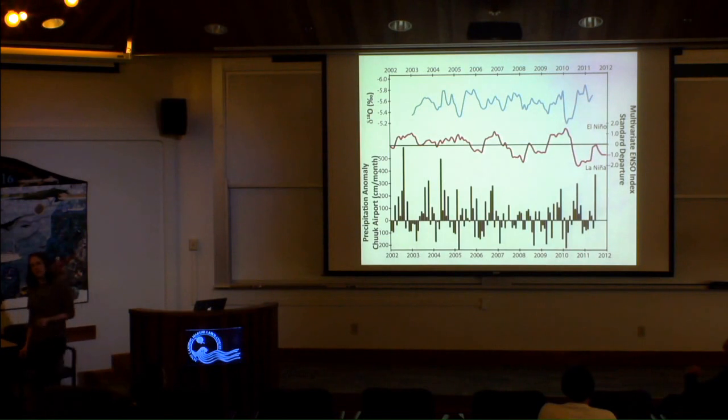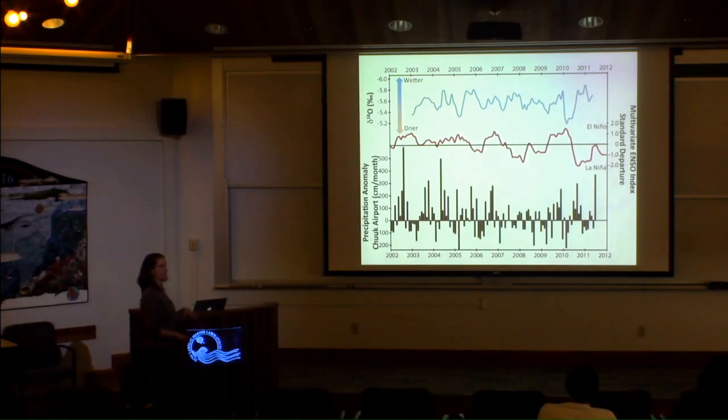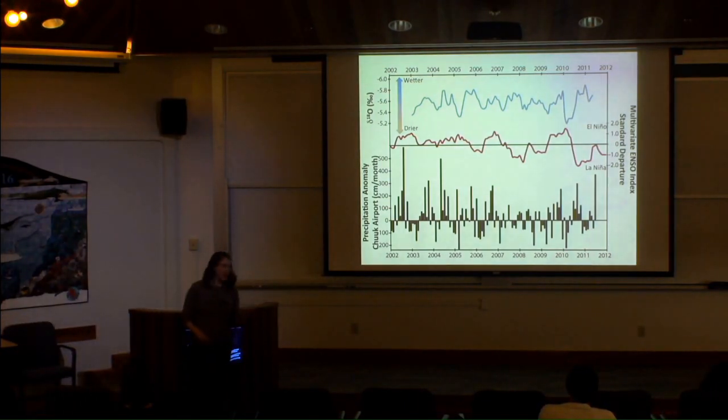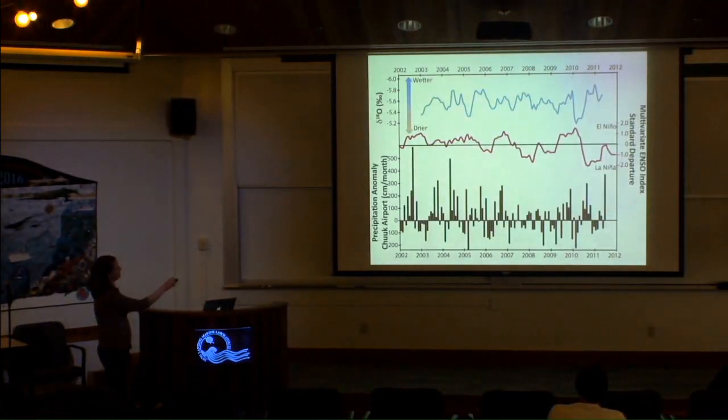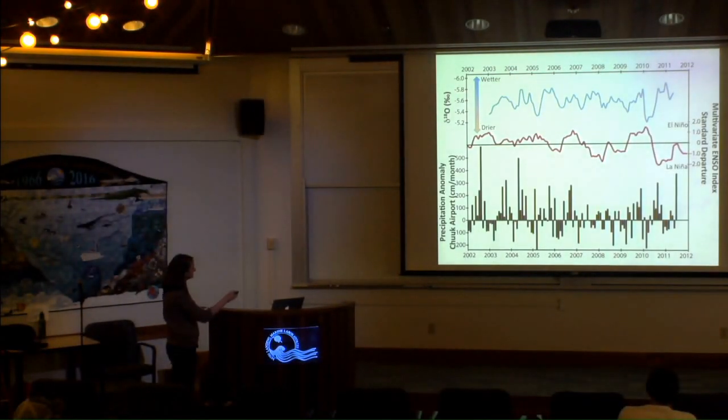We also looked at correlations with rain, right? If you are going to have more rain, wetter time periods, then you would expect to see the oxygen isotope values to also be more negative.